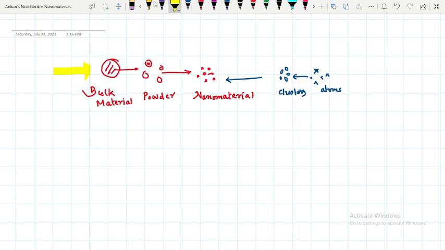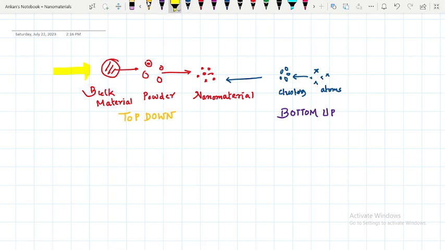These two approaches are known as the top down approach, and this is known as the bottom up approach. There are two basic approaches that we usually use to synthesize nanomaterials.